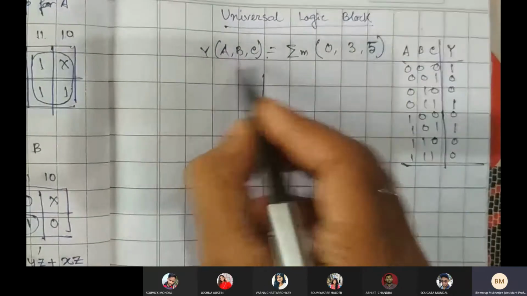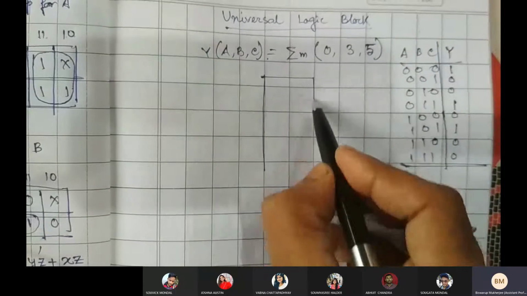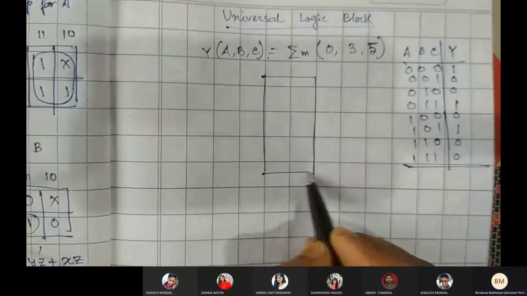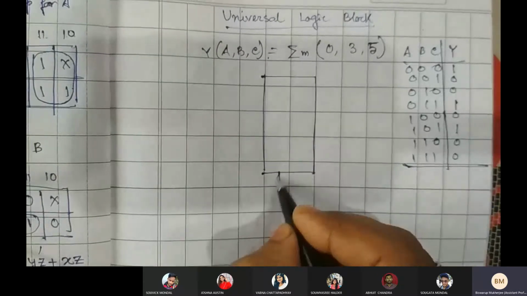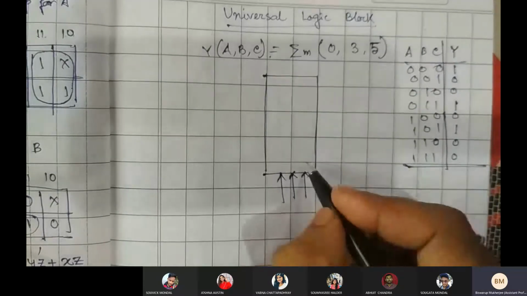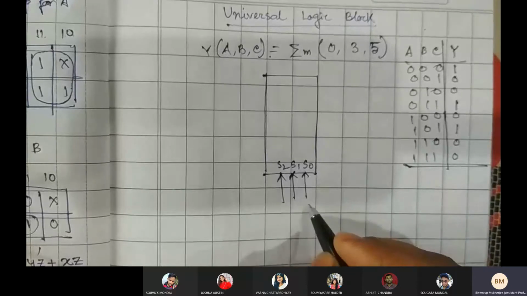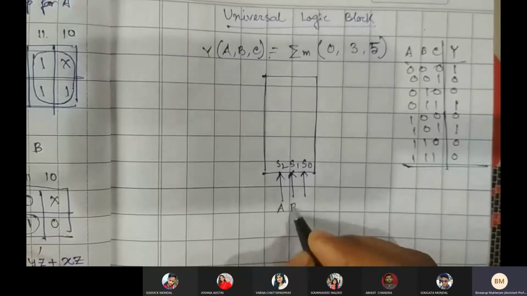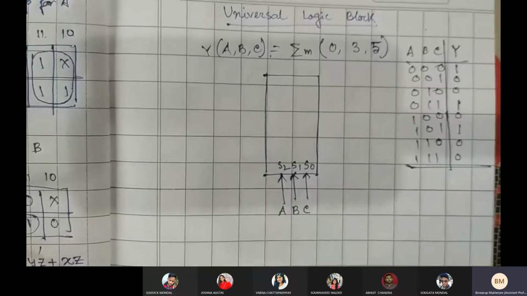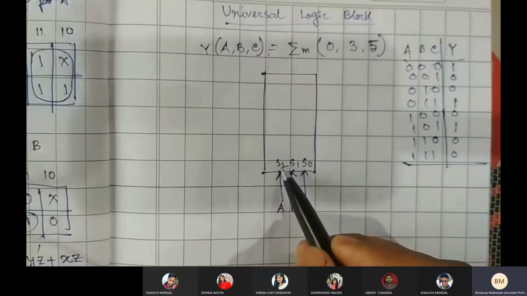Right. So let us have one multiplexer. 3 inputs are there. Let those 3 inputs be connected with the 3 select lines S0, S1, S2, likely as your A, B, and C. Make sure that this is MSB, so that should be connected with the S2.